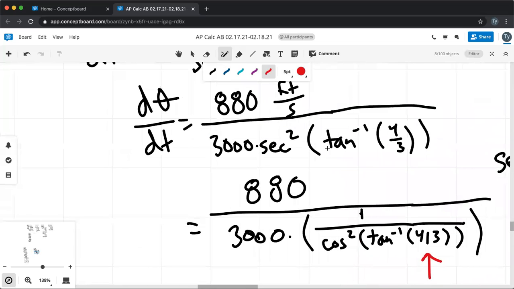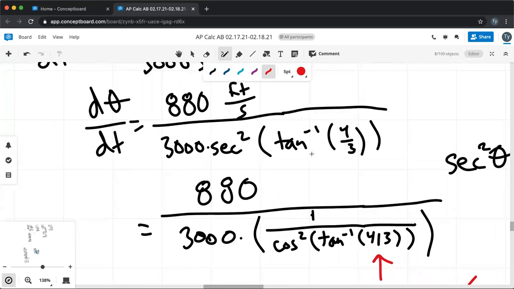Now, personally, when I'm doing these kinds of equations, I don't like to keep the units in. You can, but I don't like to. I like to first determine what my units should be, right? I'm looking for a rate of change of theta with respect to time. So radians per second or degrees per second. In this case, it would be radians because we're using radians. But if you want to put your units in, we know this is unitless.